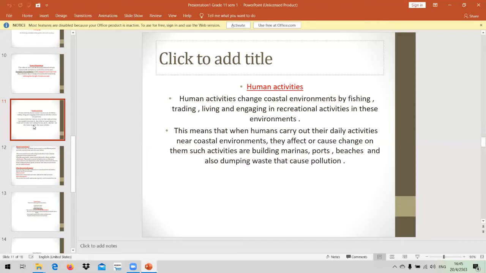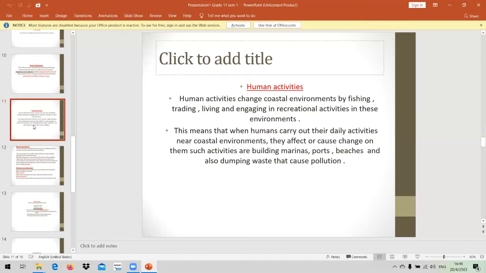Which activities do you do? Tell me. Bush burning, deforestation, dumping waste, building houses, building ports and beaches, marines, all these make changes on the coastal environment.